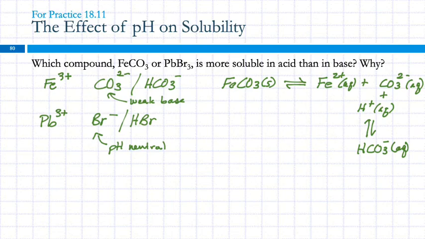The iron carbonate will be more soluble in an acidic solution than in a basic solution. That will not happen with lead and bromide, because bromide is the base of a strong acid. It will not associate with the hydrogen. It's just going to sit there. Any questions?